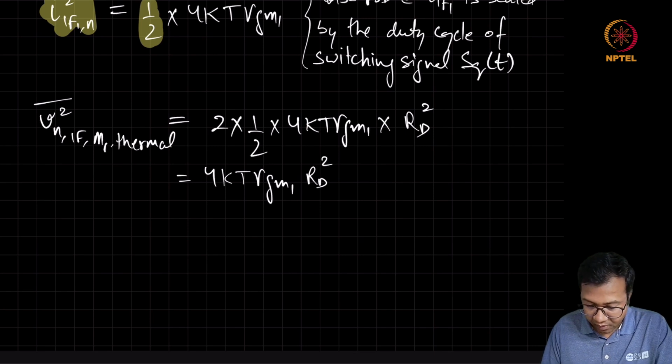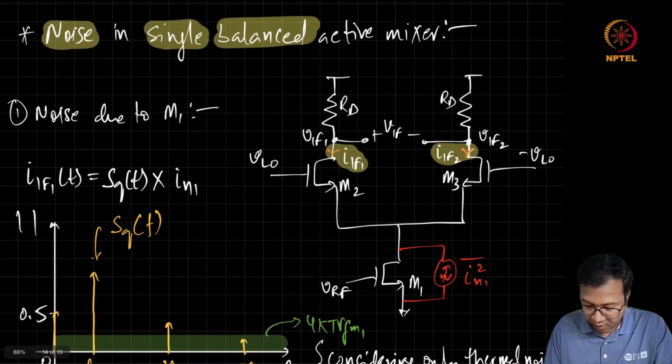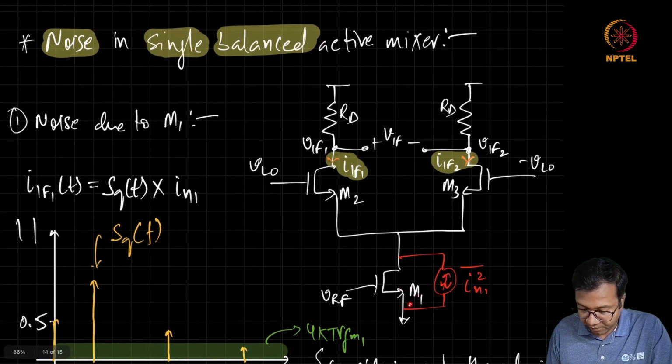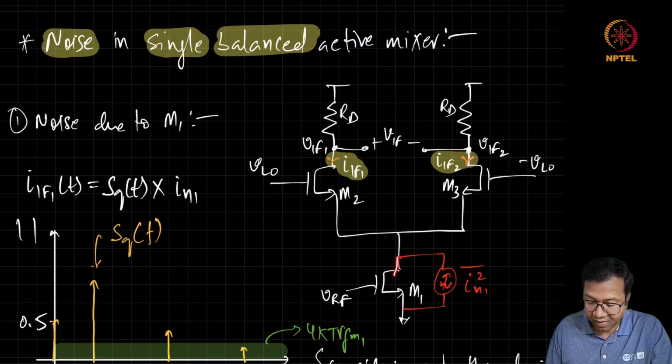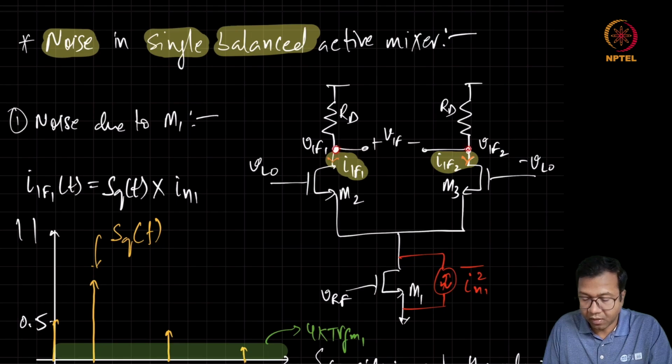Now let us look at the flicker noise contribution from the M1. So the flicker noise is mainly the low frequency noise, and this low frequency noise, you will see that once it appears at this IF1 and IF2 switching by the LO signal, this low frequency noise will appear as some kind of a common mode at each of these outputs.